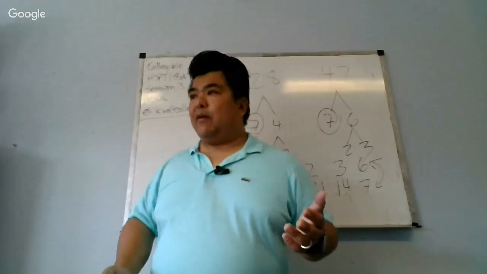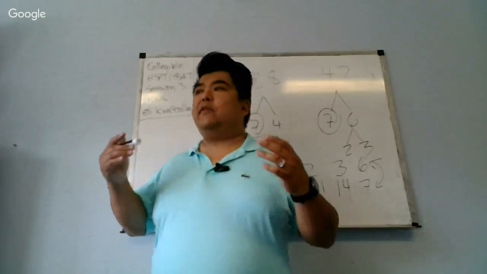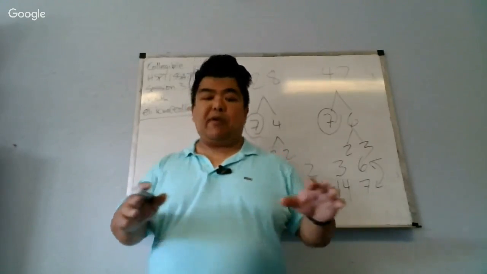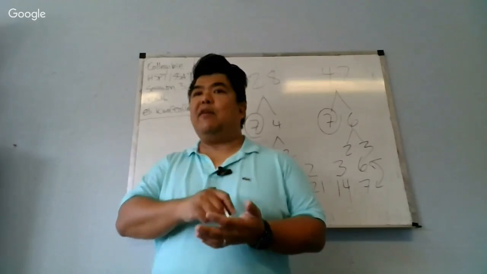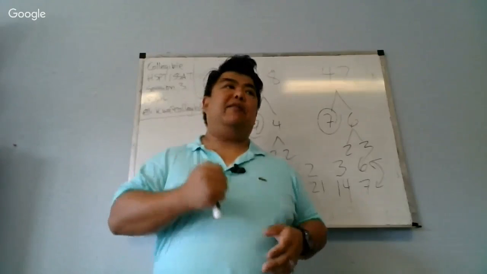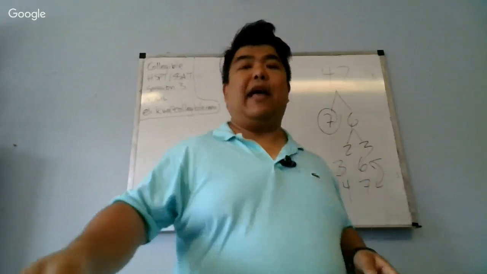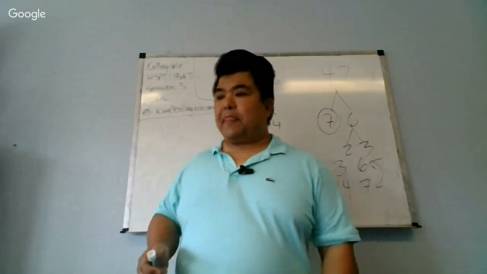Negative numbers are not prime. 0 is not prime, okay? The smallest prime is 2. So I want you guys to write a note there. 1 is not prime. 1, 0, and negative numbers are not prime, okay? You need to carve that in your memory because that is a classic trick that they throw at us, okay?